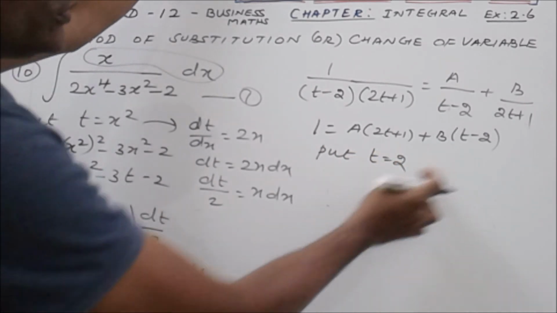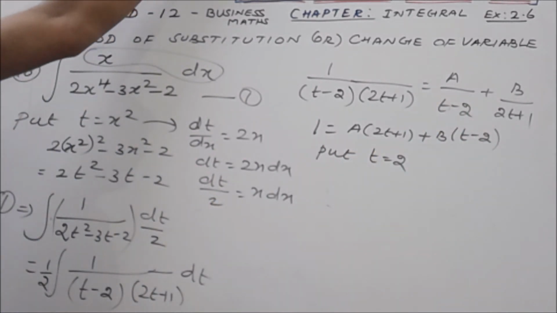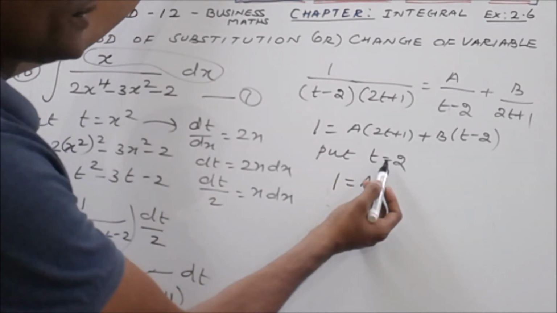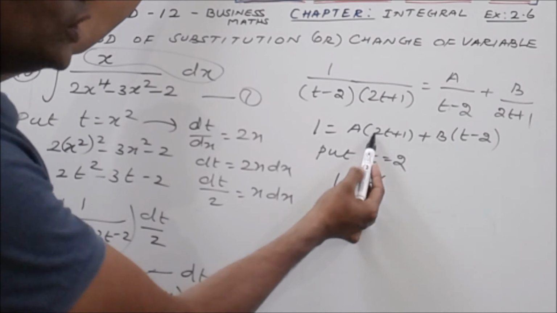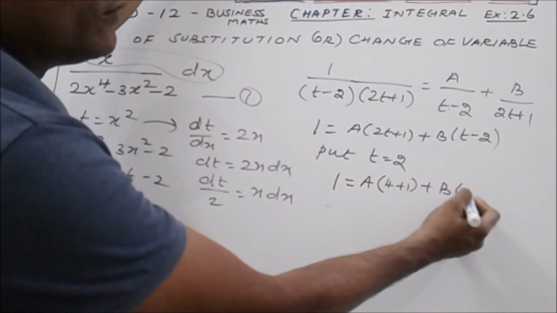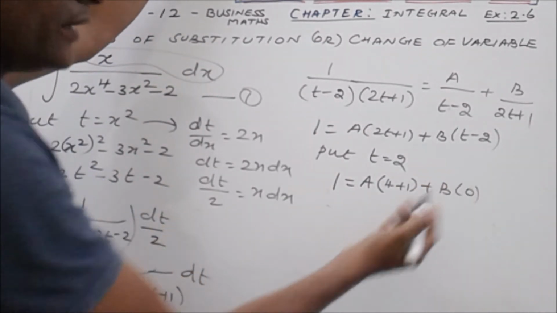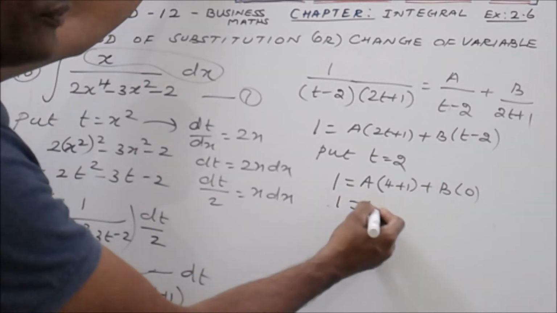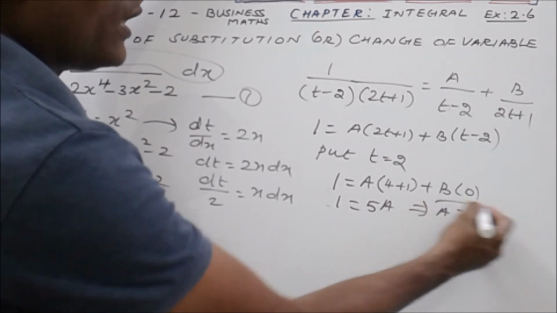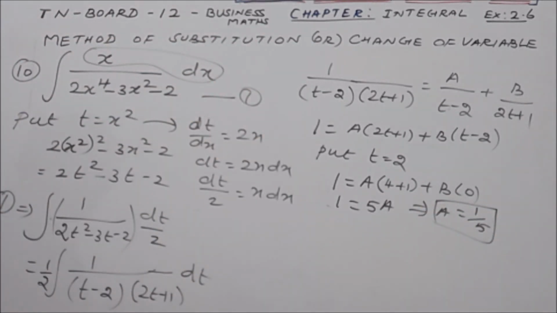When we put t equal to 2, the b term becomes 0, and we can find the value of a. So 1 equal to a into 2 into 2 plus 1, plus b into 0, so we can eliminate this. Remaining is 1 equal to 5a, which implies a equal to 1 by 5. We have found the value of a equal to 1 by 5.